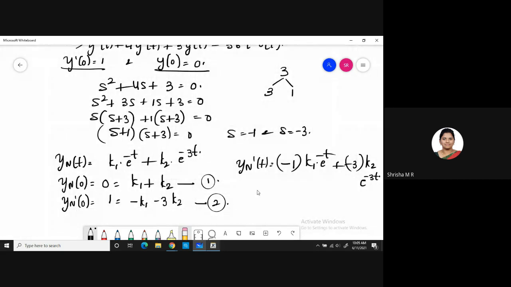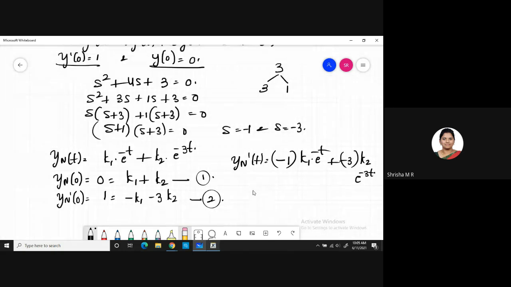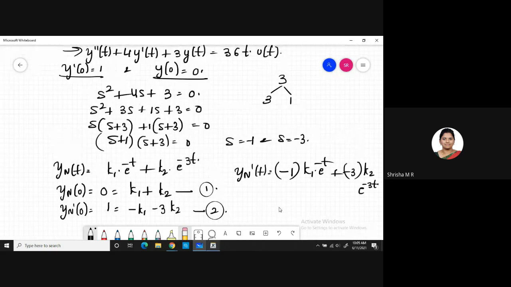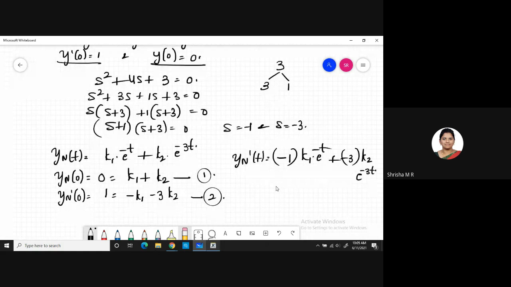What is k1, k2? Yes, guys, what is k1 and k2? Are you solving or not? What is k1? What is k2?